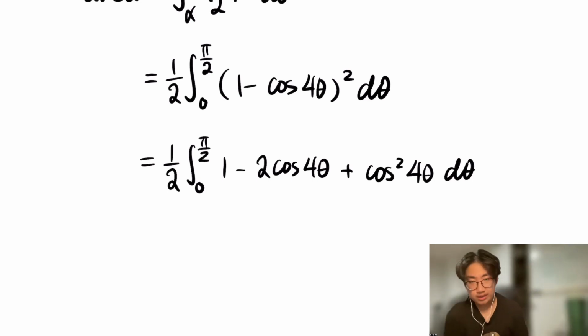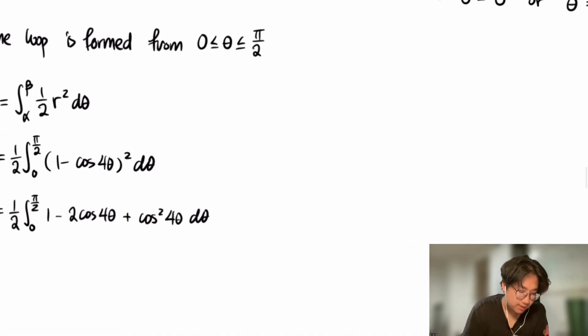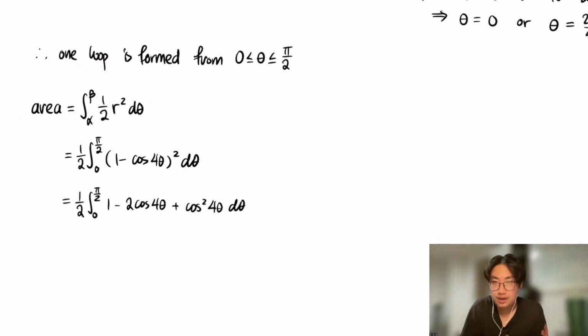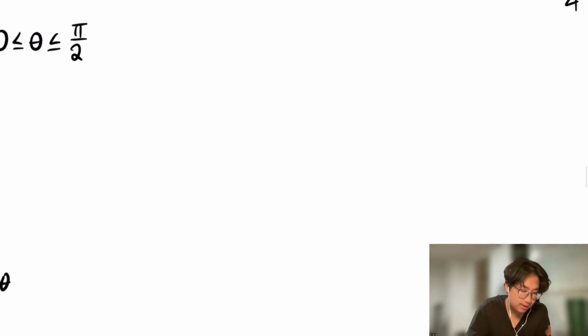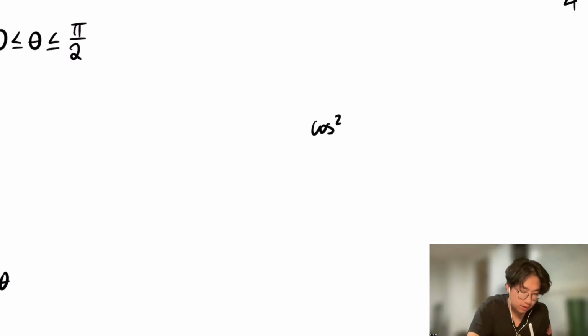Okay, from here, we're going to use a similar trick, and I'm not sure if we used it previously or not, but it's the double angle formula. I'll write it over here on the side, in terms of x, but again, we keep in mind that even though we have 4 theta, we can treat that as an x. So I'll quickly derive it too. You know that cos squared of x is equal to 1/2 times 1 plus cos of 2x.